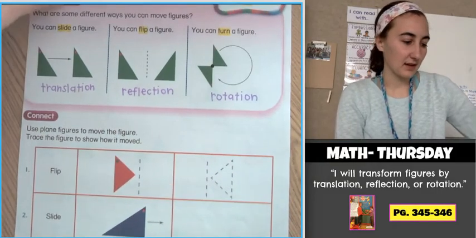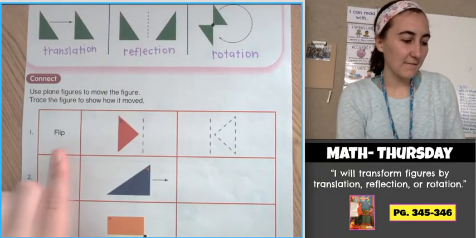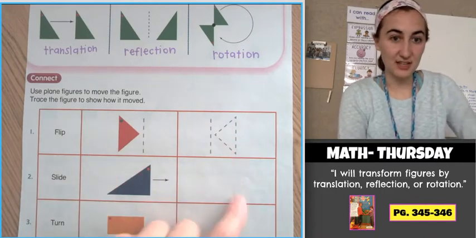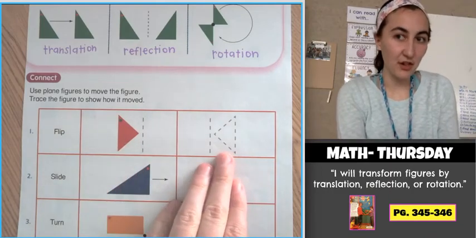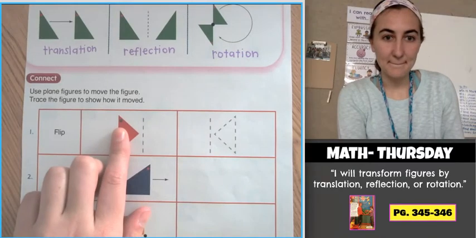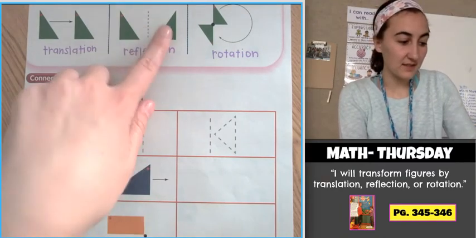Number 1. It's showing a flip. This is a reflection here. If I were to flip this triangle over, would I still see the green dot? No, because the green dot is only on one of the sides.